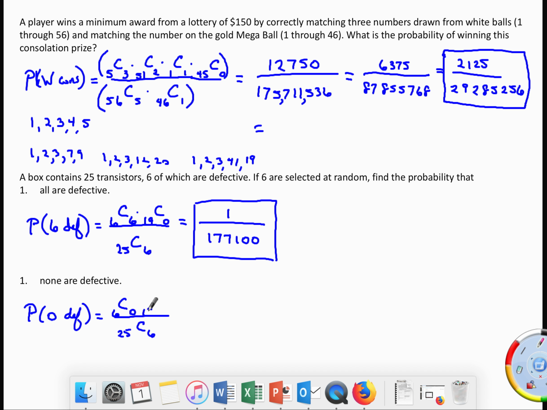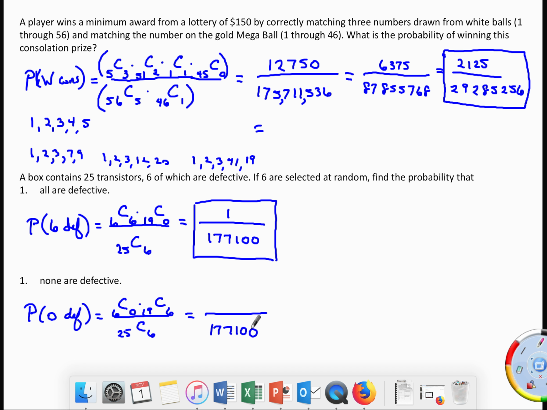And all 6 of them are coming from the 19 good ones. Again, technically this is 1, so I could have just had the 19 choose 6, but I had to recognize that that's 1. We always have to count both items. Okay, so this is 19 choose 6, and we already know the 25 choose 6. We've calculated that.